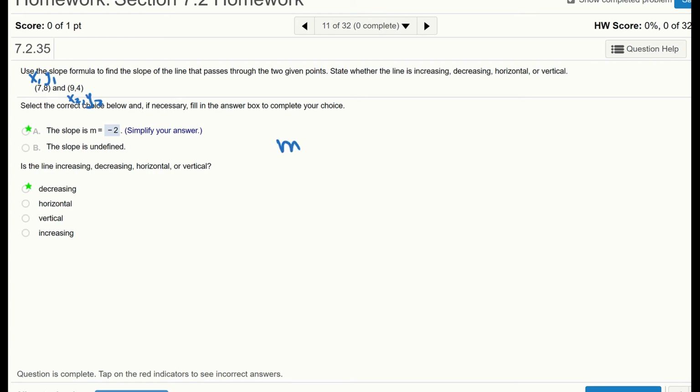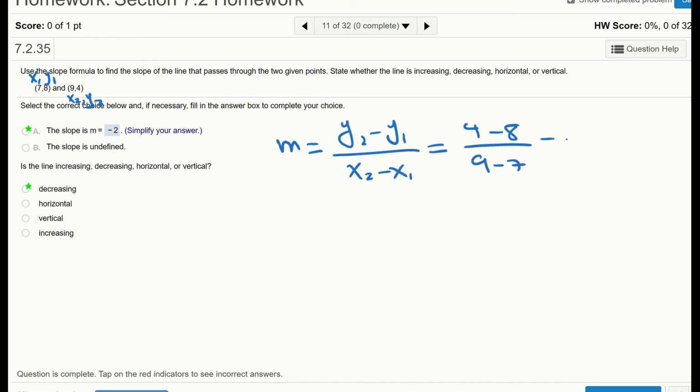The slope is just going to be y2 minus y1 over x2 minus x1, which is going to be 4 minus 8 over 9 minus 7. So we get negative 4 over 2, which is negative 2. And of course, a negative slope indicates a decreasing line.